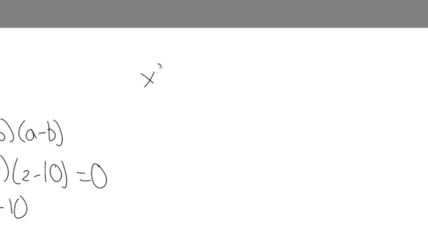So x squared minus 2x minus 15 equals 0. Pause the video if you want to solve this by yourself. Okay, so in order to solve this we must find out what two numbers multiply to this and add to this.